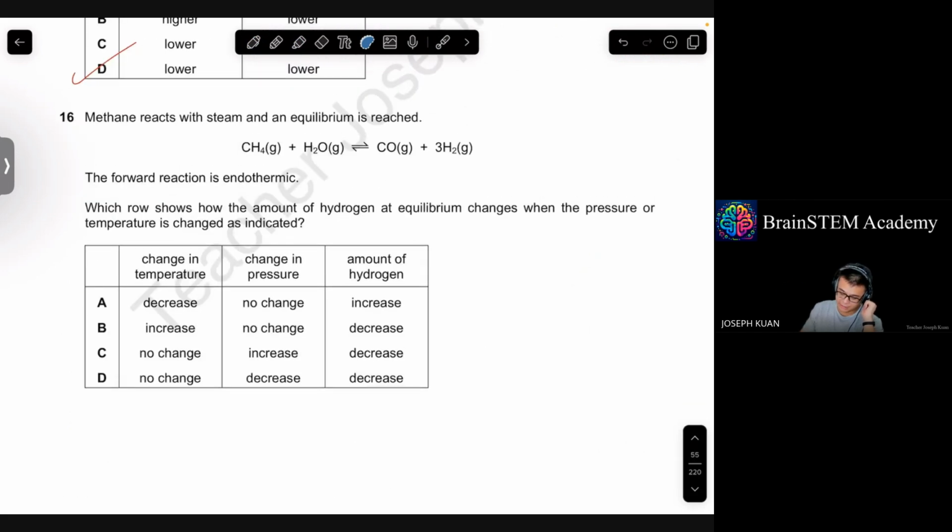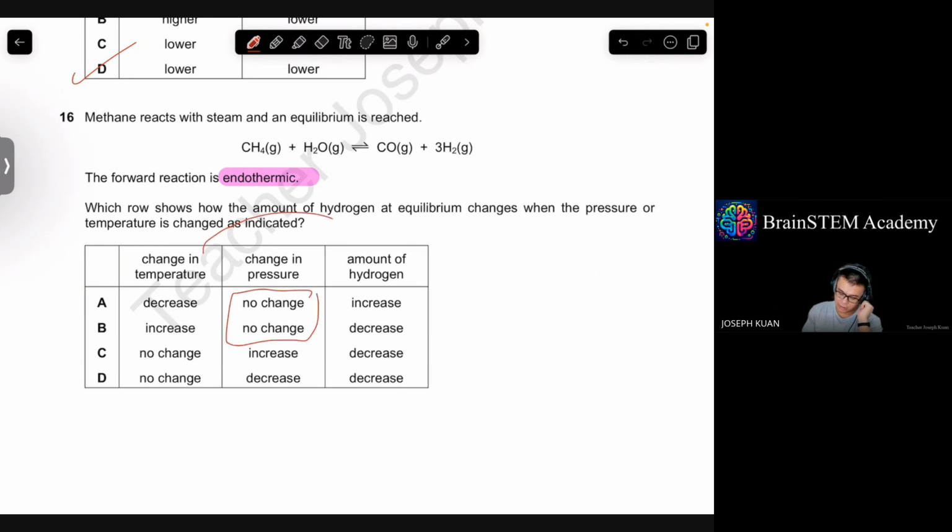Right? Look at question 16. Methane reacts with steam and an equilibrium is reached. The forward reaction is endothermic. Which row shows how the amount of hydrogen at equilibrium changes when the pressure or temperature is changed as indicated? It tries to confuse you, but if you look closely, this is about control variables.